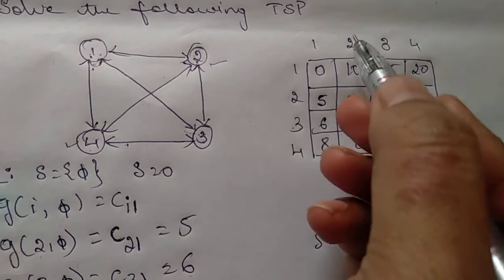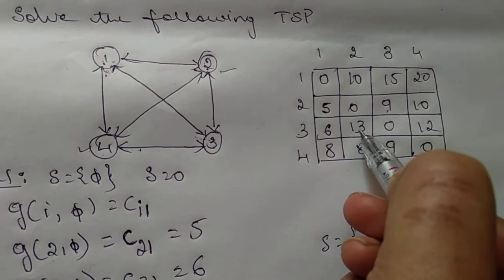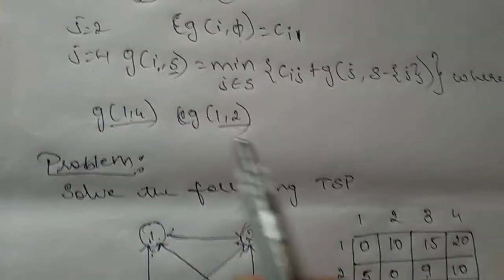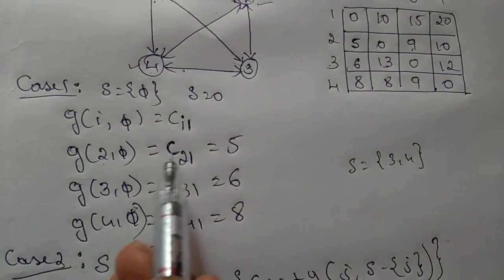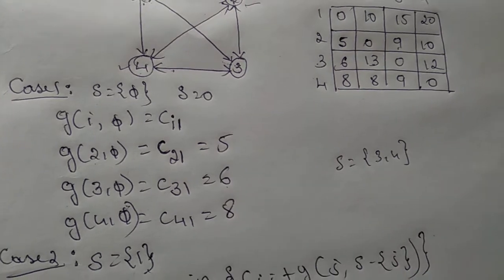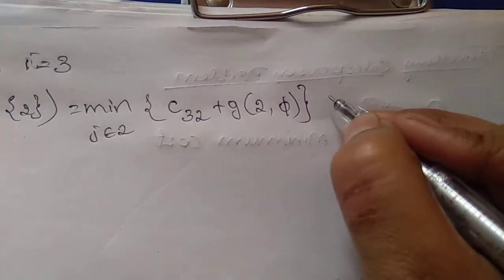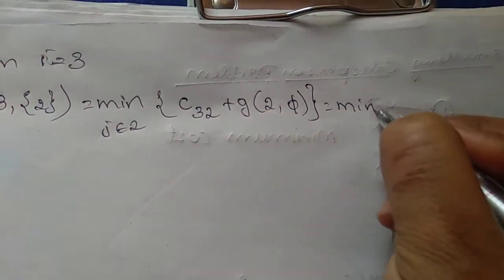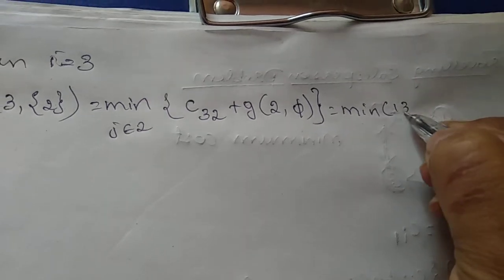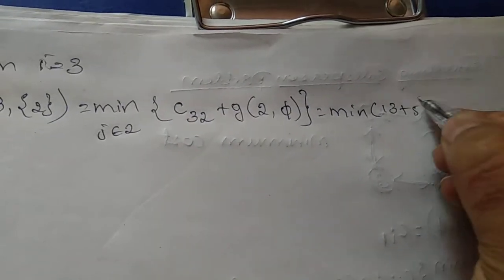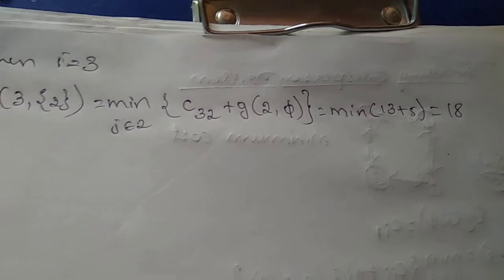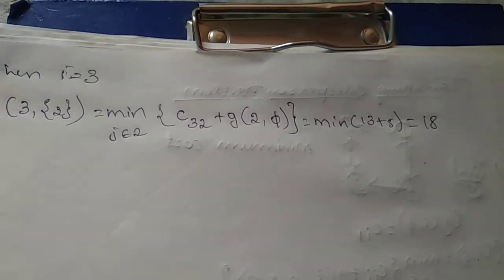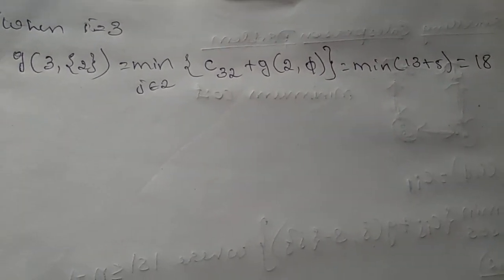From 3 to 2, it is 13, and g of 2, 5, what is the value? 2, 5 is 5. So here I will write min 13 plus 5 is equal to 18. Okay, first you have to find out all the things, then we can go for the minimum cost.